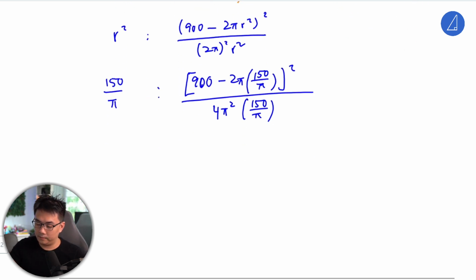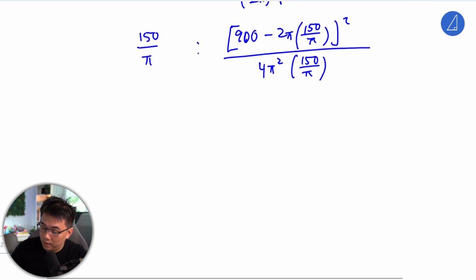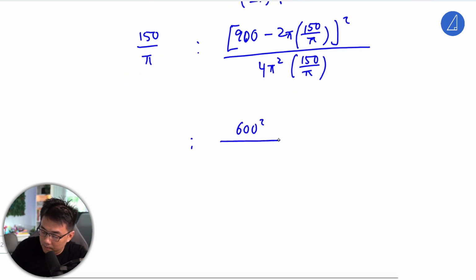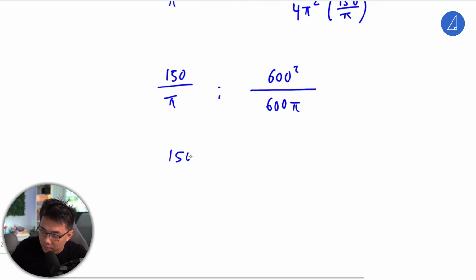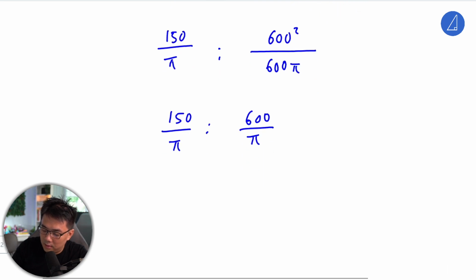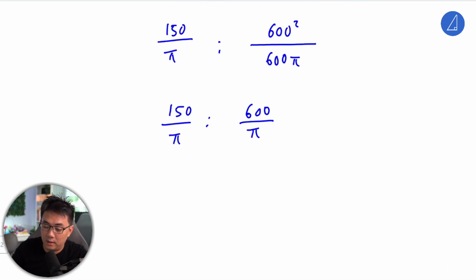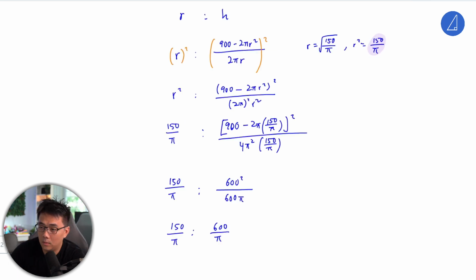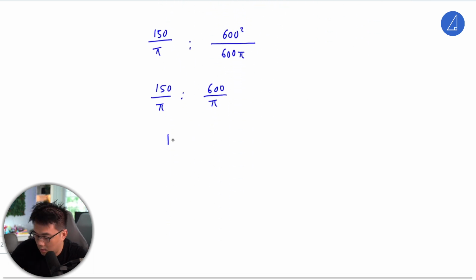Great. So the top here, what is left is 600 squared. The bottom will be left with 4 times 150, 600 pi. Great. I think this is good. So essentially what we get is 150 pi over 600 pi, so this is just 150 to 600. So in this case I'll get 1:4.